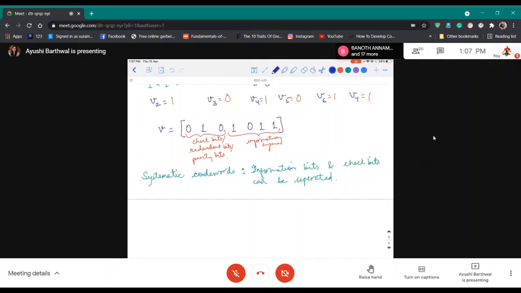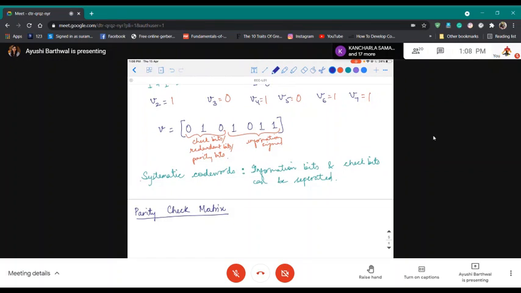The receiver will have the information of the parity check matrix so that it can check the validity of the received code word. So for that, you have a parity check matrix.